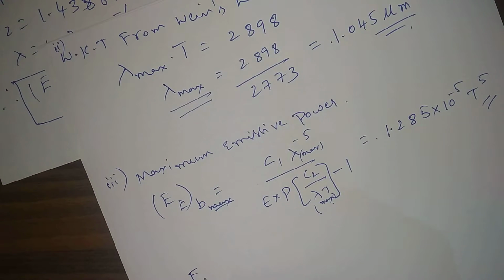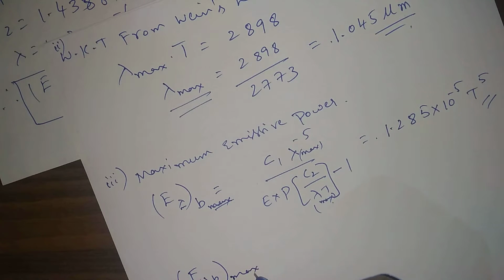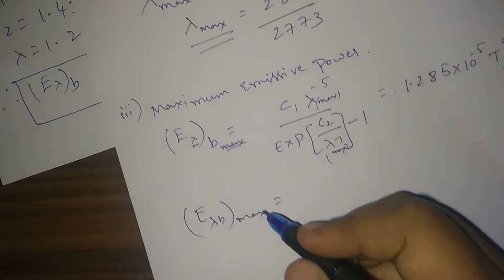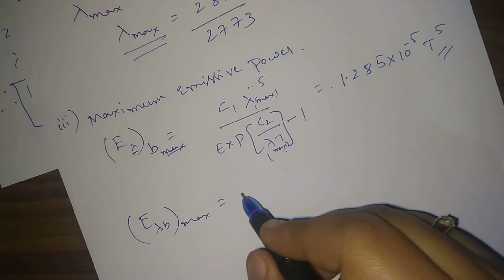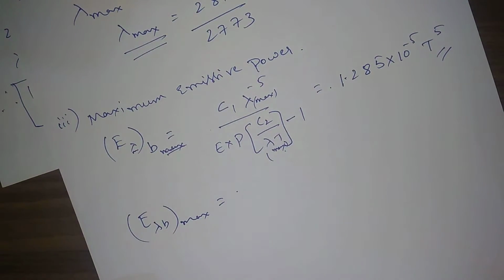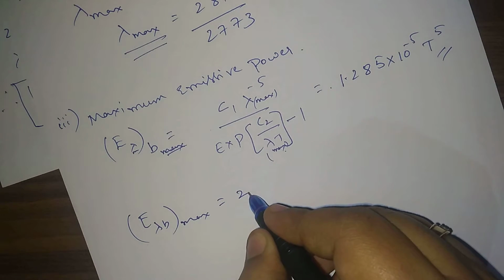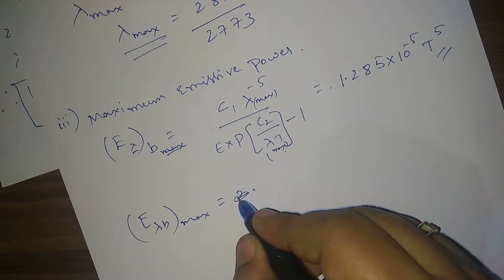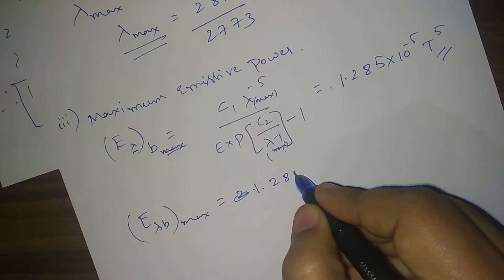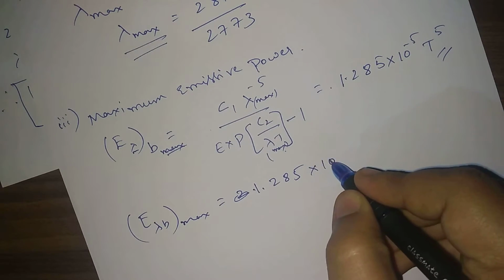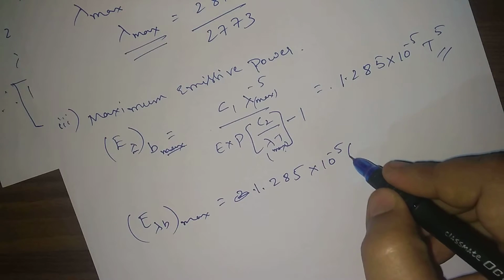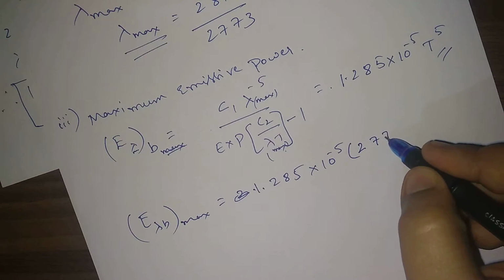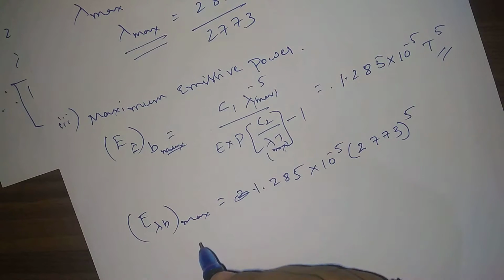So I have just given it. So E lambda b max is equal to, just do it. What is the value that you are going to get? Substitute please: 1.285 into 10 to the power of minus 5 into 2773 to the power of 5.